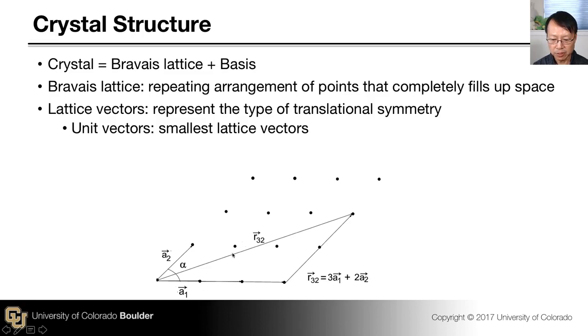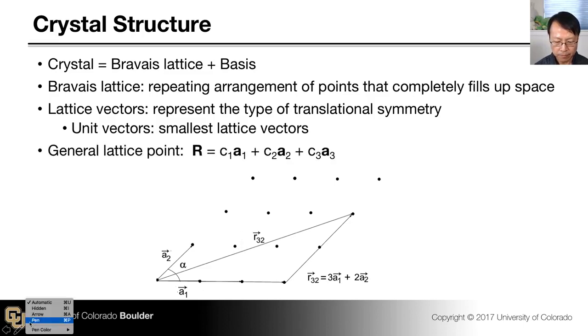For example, you pick this lattice point here, you pick this lattice point there, and then you join the two. This vector is a lattice vector. You can do this with any two arbitrarily chosen points.